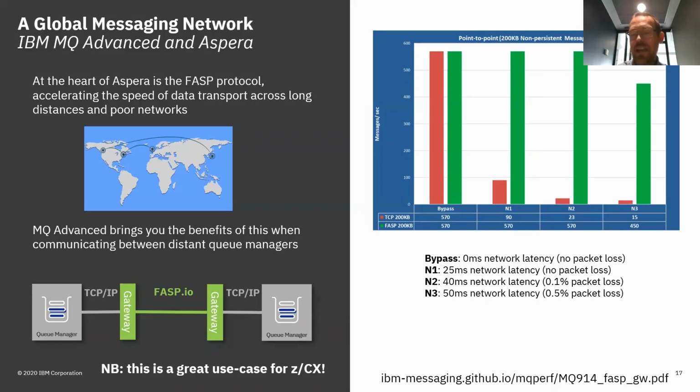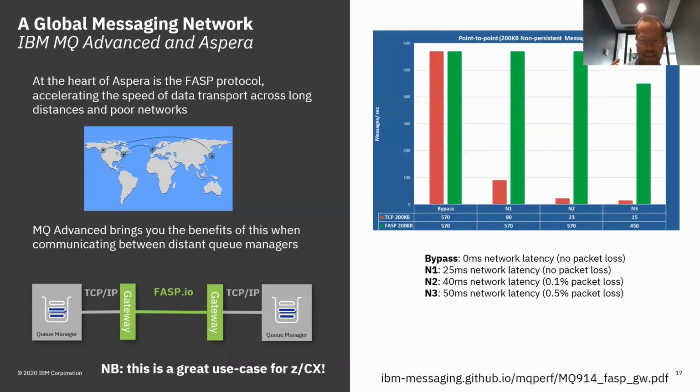So that's, every 200 packets you send, you lose one. FASP has to resend it, but actually it still goes really, really fast. Whereas TCP/IP goes way, way slower. So if you do have any decent amount of latency, and in particular if you've got packet loss, you should be thinking about using FASP when communicating between queue managers over a long distance.